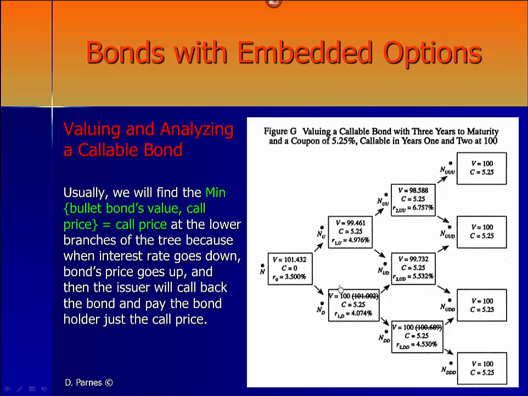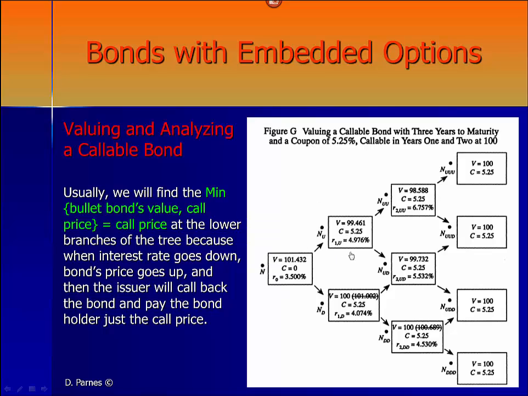You cross it and you write 100. Once again, let me remind you that usually the call option will kick in whenever we are dealing with the lower branches, the lower nodes, simply because interest rates are going down here and valuation is going up. This is where the minimum between the bullet bond's price and the call price will kick in.